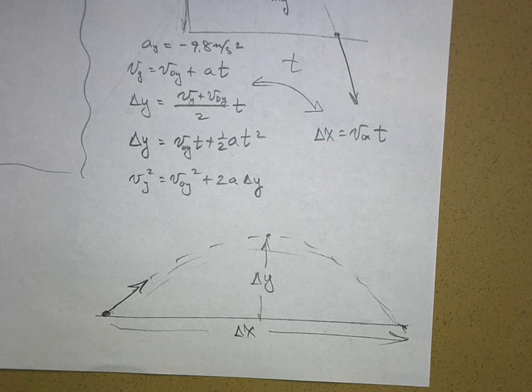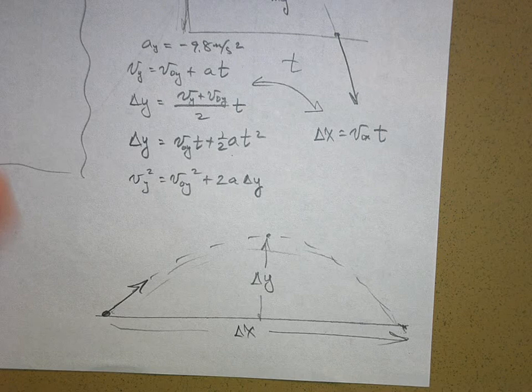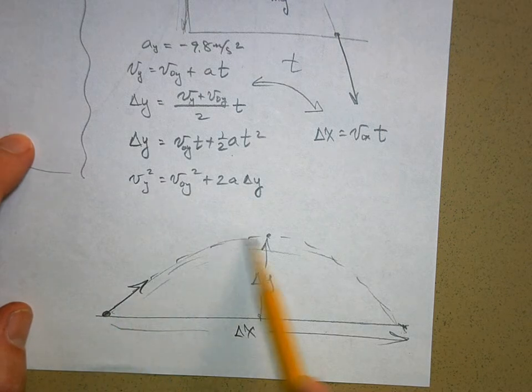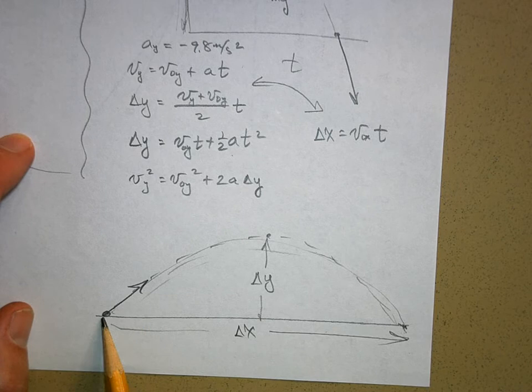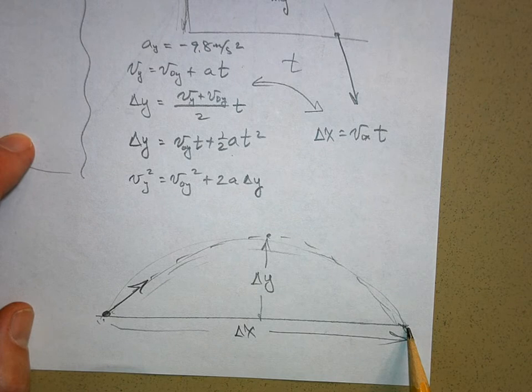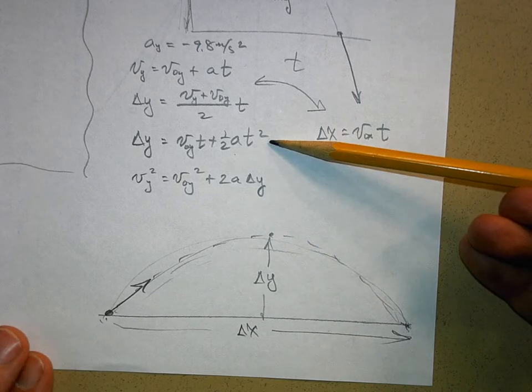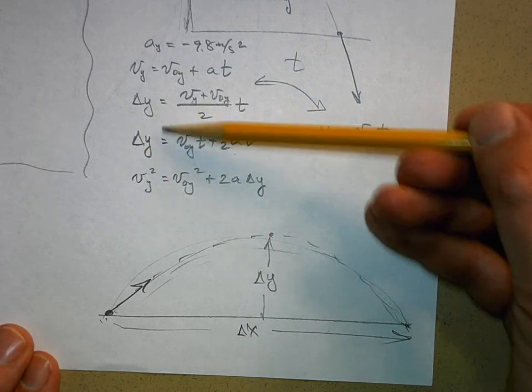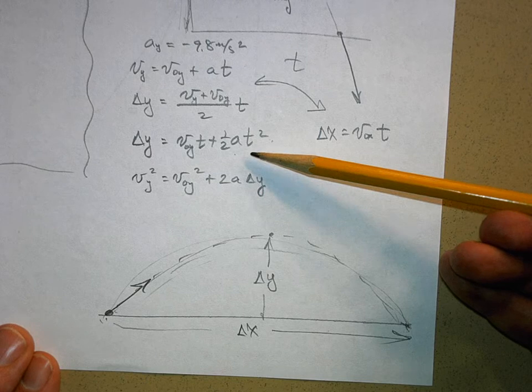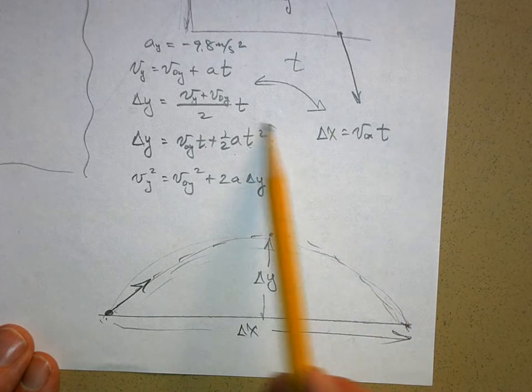If they want to know the total amount of time in flight, the time it takes for it to go from here all the way over to here, what's the trick? What's delta y? If you start on the ground and you end on the ground, you have a total delta y for the whole thing of 0. So you can use the third kinematic equation, delta y is 0. You can divide both sides by time. That gets rid of the first time. This is a quadratic equation, isn't it?